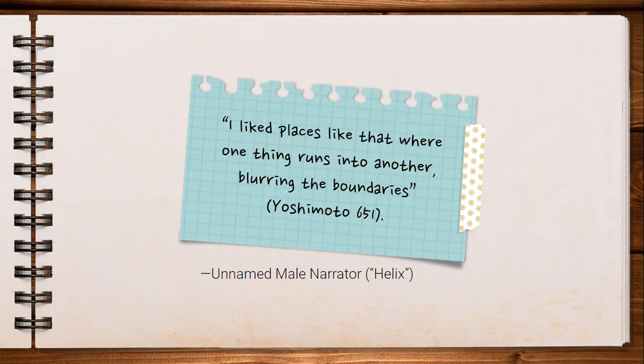A lot of times, memories can change. They can blend together with other memories, and one person might remember something one way, whereas another person might remember something a completely different way. So this quote complements the theme of memory in the story, and it's by the unnamed male narrator.